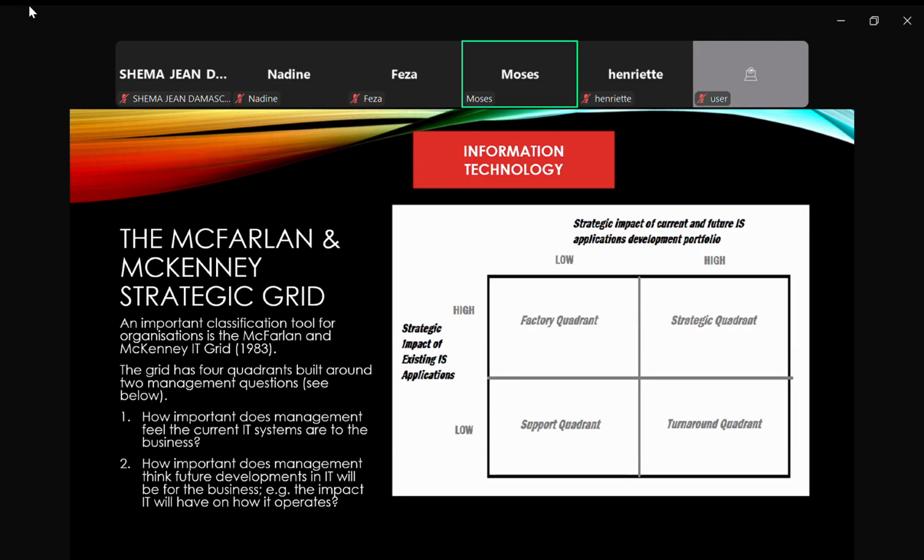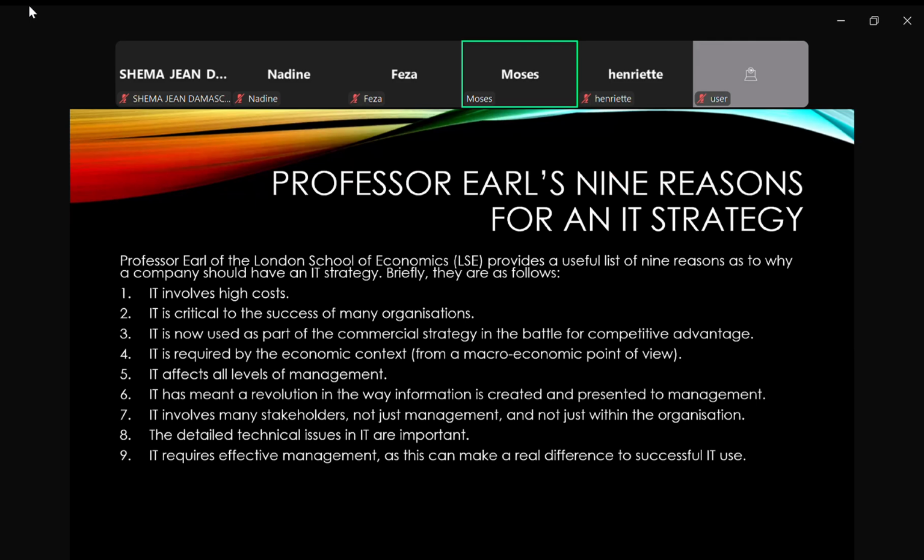And if it is going to be important, then this is where Professor Ward's 9 reasons for an IT strategy come in. Professor Ward is a professor at the London School of Economics who suggests that every company should have an IT strategy. Why? Because of those 9 reasons. Because it is cheap to have a strategy. In other words, it is expensive not to have a strategy.